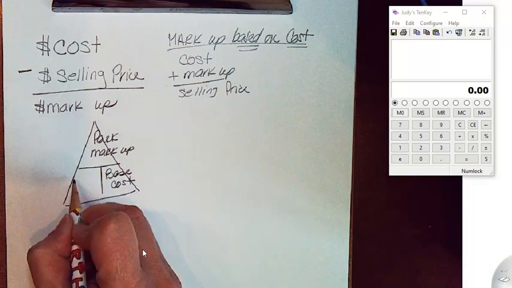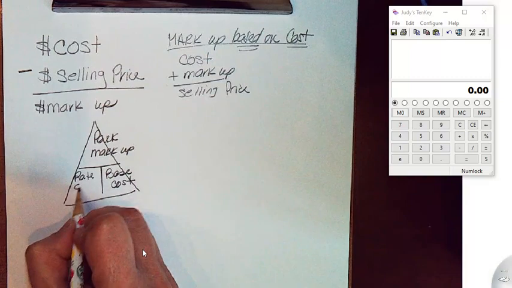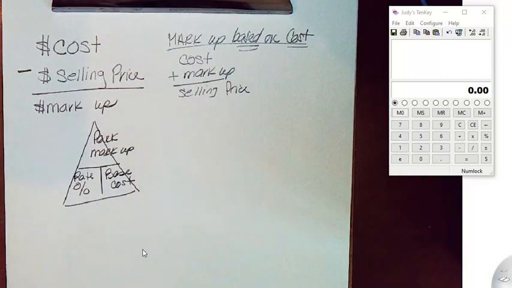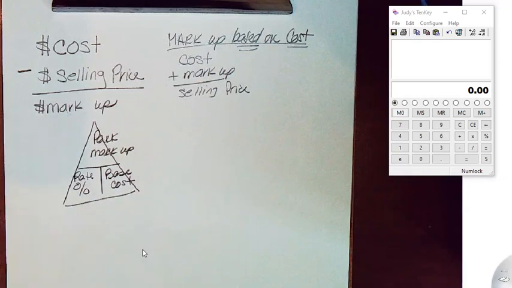And this is the rate, which is going to be the percent. So I buy at cost, I sell it at a higher price, which is going to be the selling price. So I came up with a markup dollar amount to come up with what the selling price is going to be.